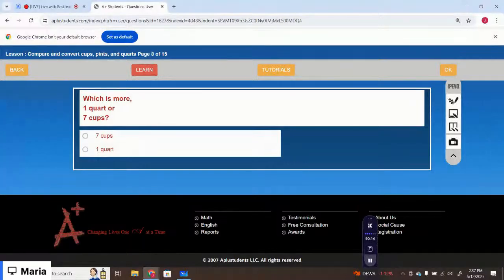Which is more, 1 quart or 7 cups? 7 cups is more than 1 quart. Option number one is the correct option.